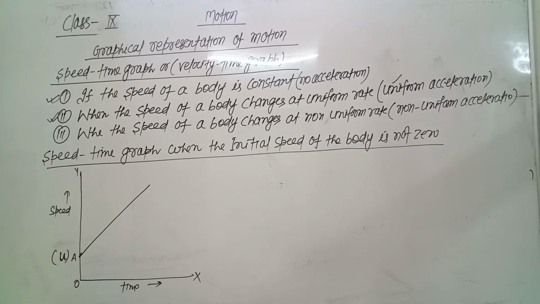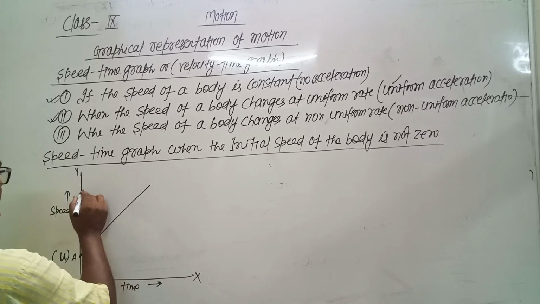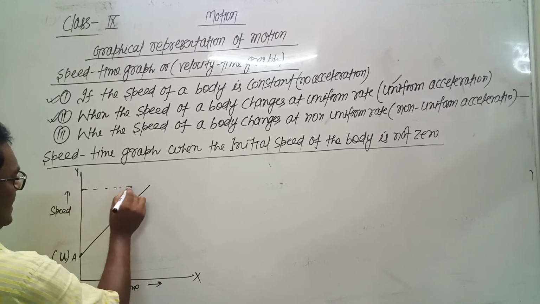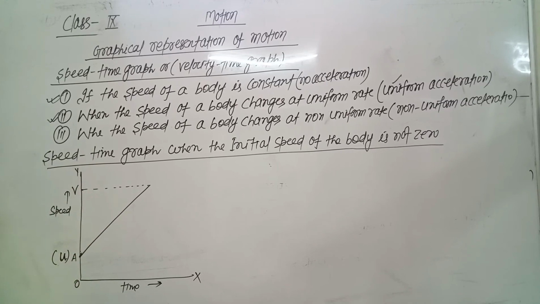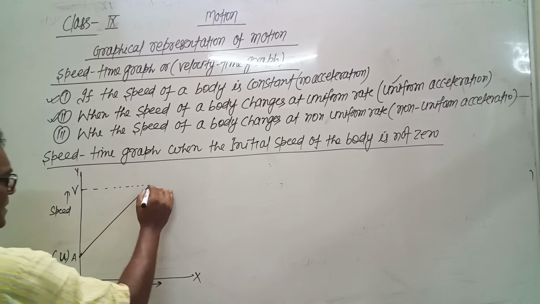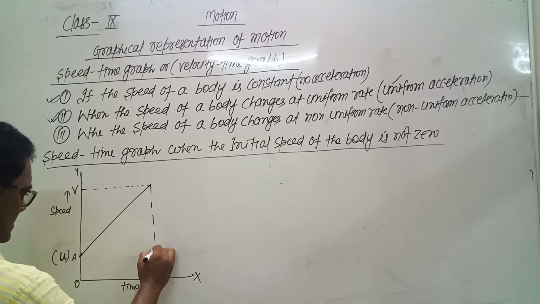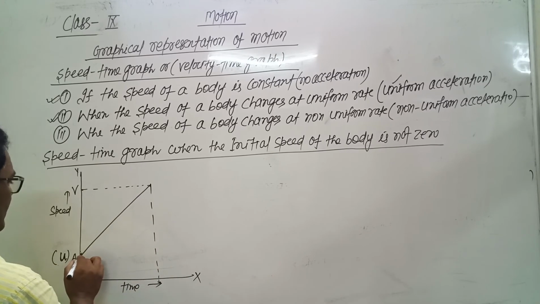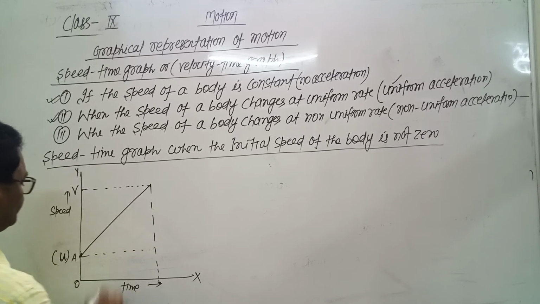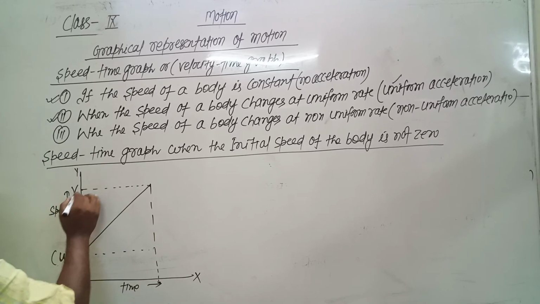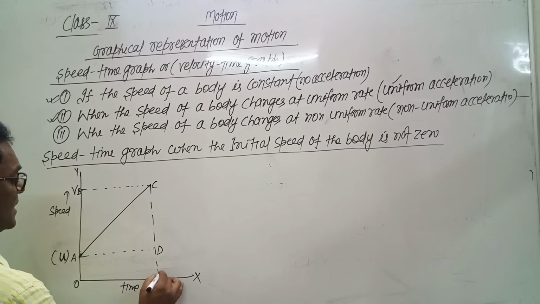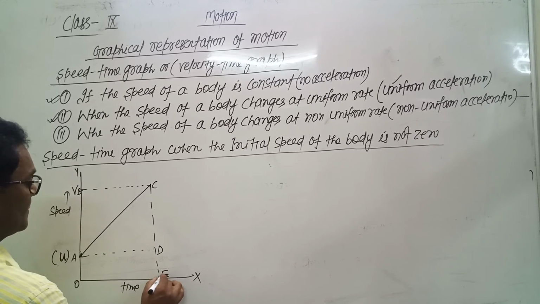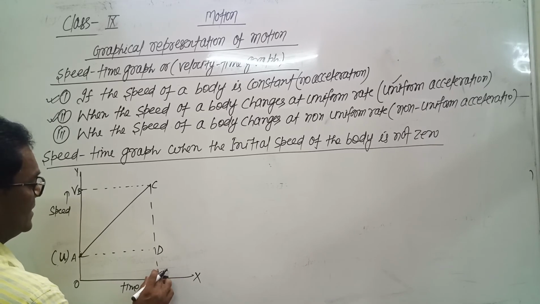The body started with initial speed u, and finally, its speed becomes v. Draw a perpendicular. So name the points O, A, B, C, D and E.